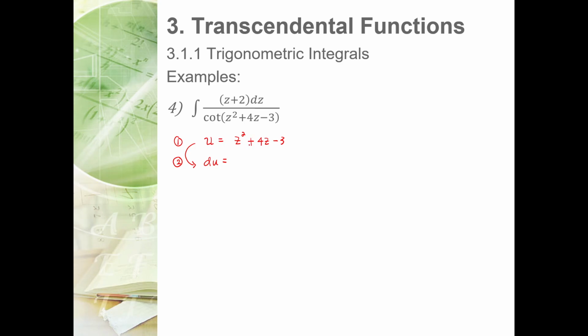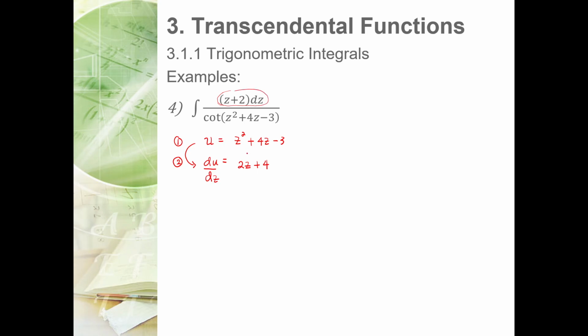So it looks simpler, right? Next we take the derivative of the given expression u with respect to z. This gives us 2z plus 4, then plus 0. Notice that in the numerator, it's z plus 2 dz, right?